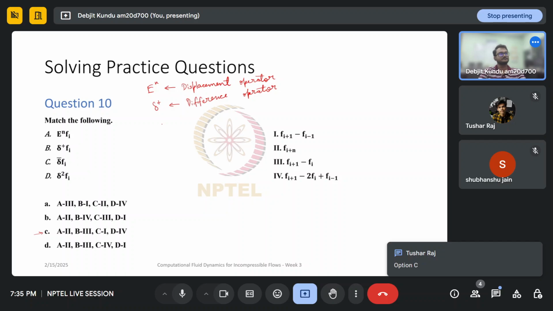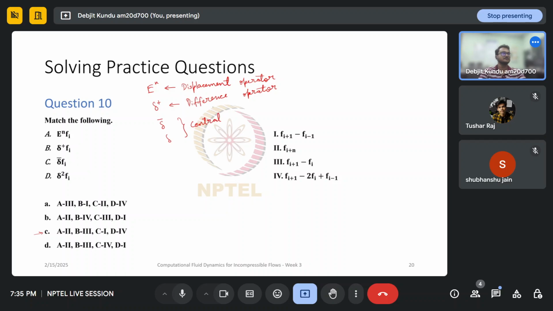Then delta bar as well as delta, these two are central difference operators. Anyway, all of them mean something.